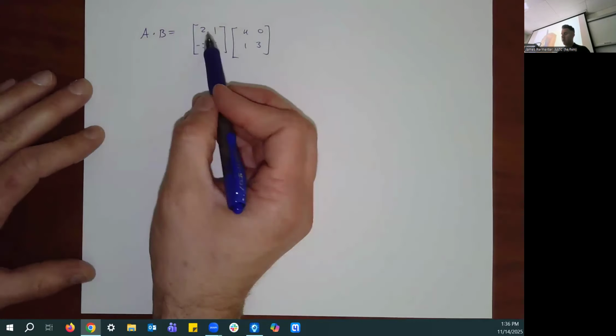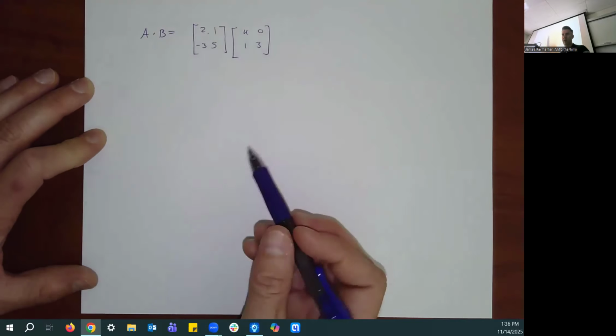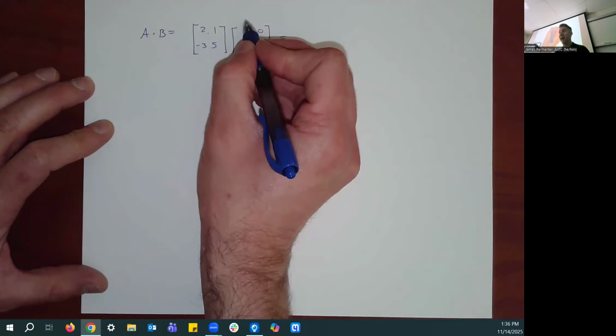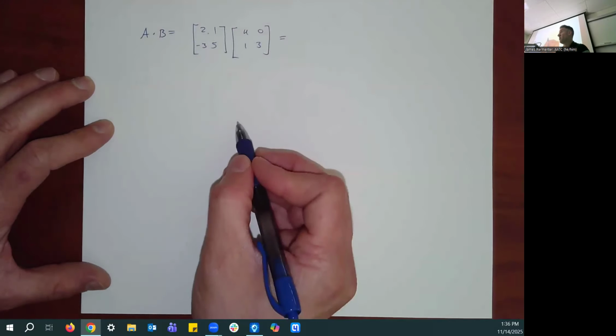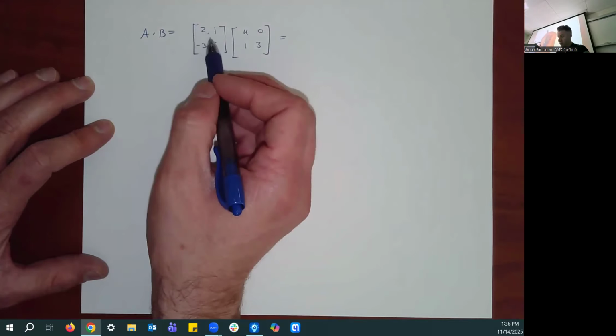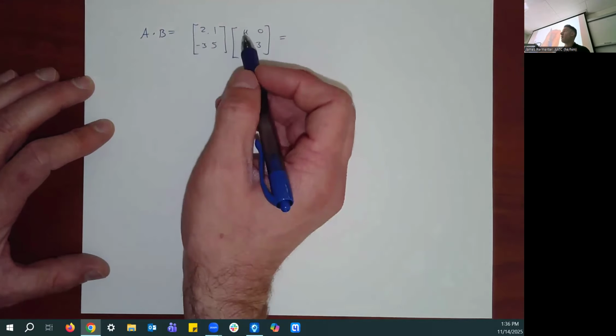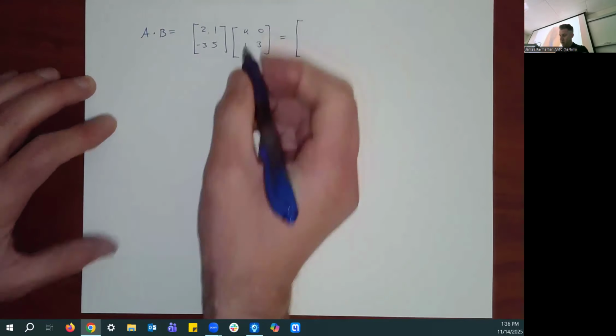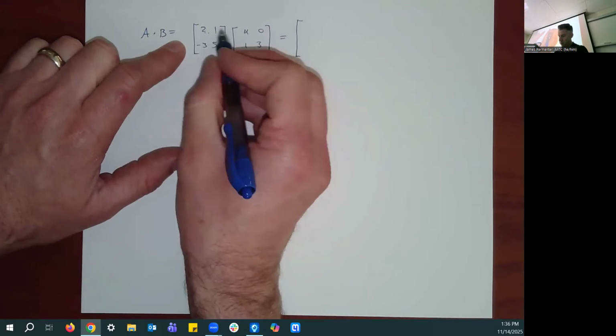You start with rows of your first matrix and columns of your second matrix. If you take the first row dotted with the first column, because that's really what you're doing here, you're thinking of the first row as a vector and the first column as a vector, and you're taking the dot product of those two vectors. So that first row, first column is going to be 2 times 4 plus 1 times 1.